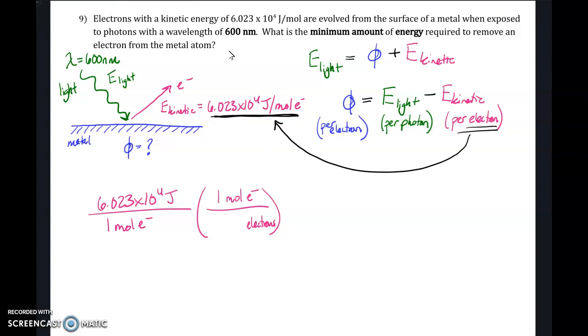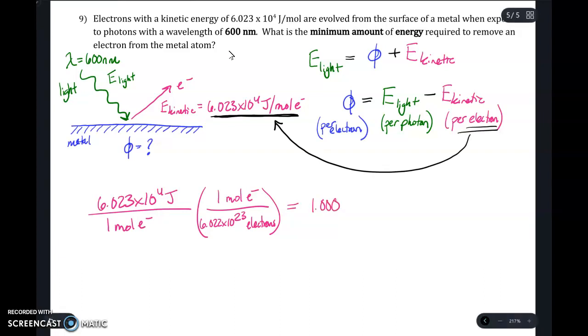Well, in this ratio, what makes sense here? What is 1 mole of electrons? How many electrons is that? Well, that's Avogadro's number of electrons, so 6.022 times 10 to the 23rd. Okay, so if I divide the value I was given by Avogadro's number, that's going to get me my amount of energy per electron in this problem.